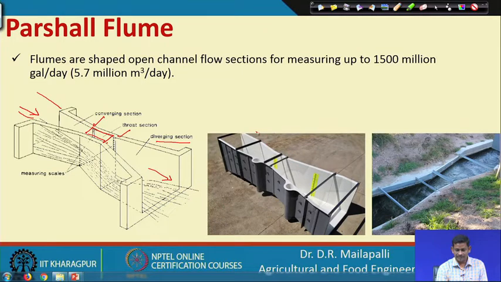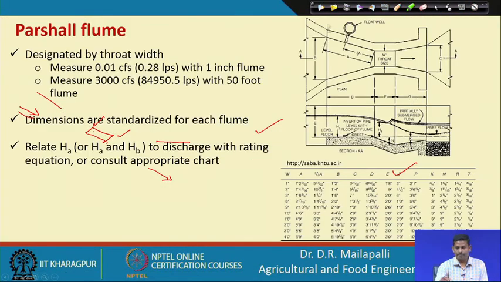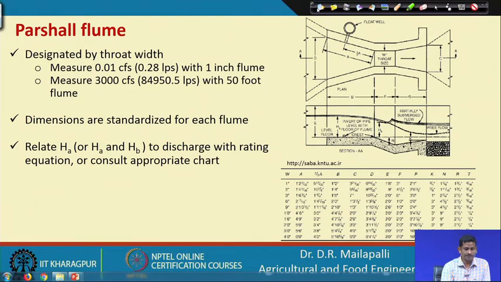Initially it was made of metal. Then this is the installation in the field. The Parshall flume is denoted based on the throat width.